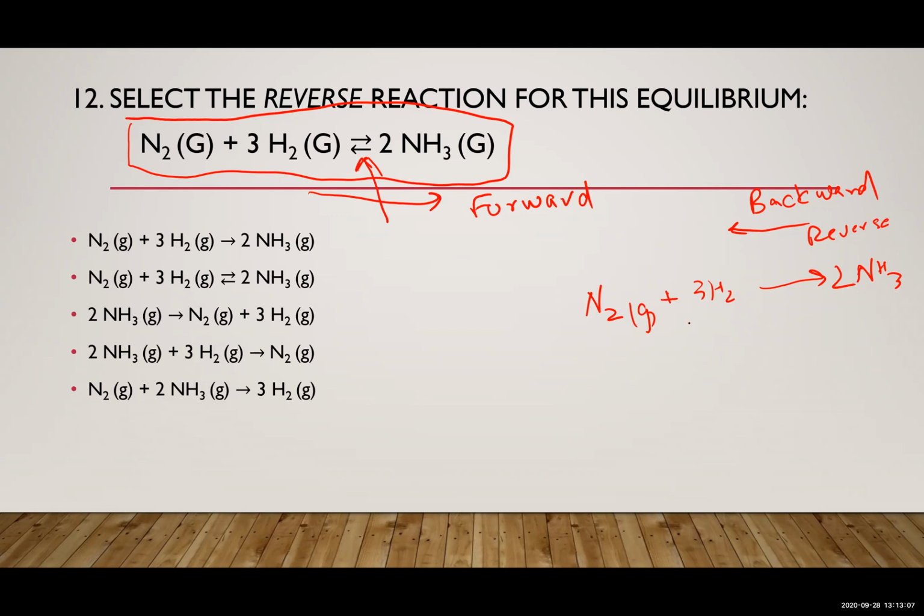I just flip the reaction to the other side. So ammonia now gives me back nitrogen plus 3 hydrogen. So what is my correct option? That will be the reverse reaction.